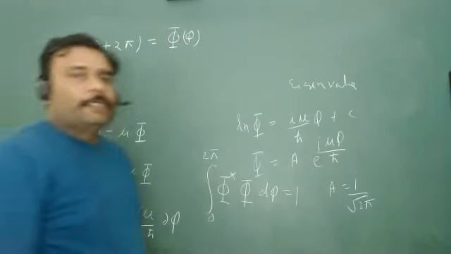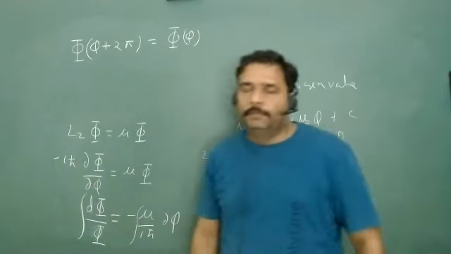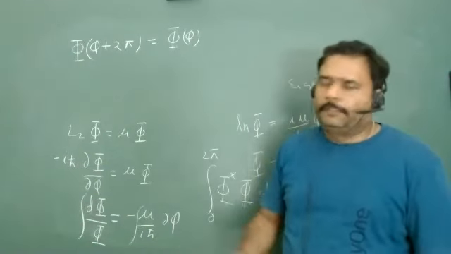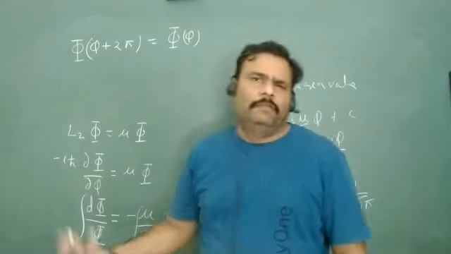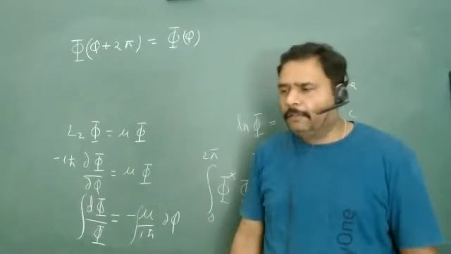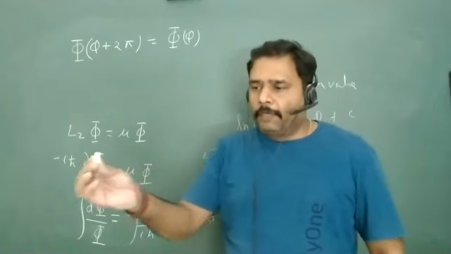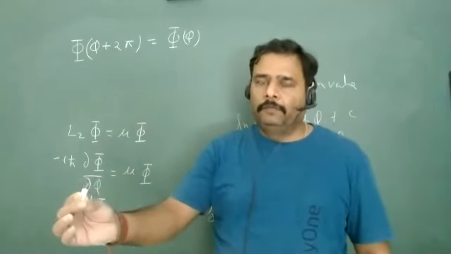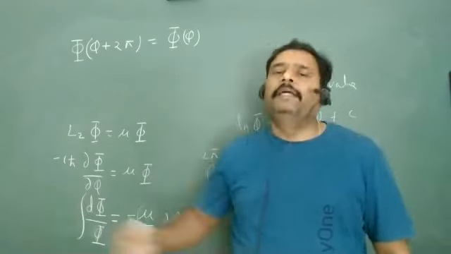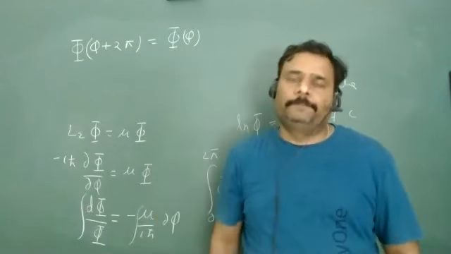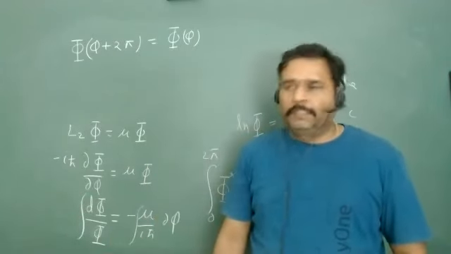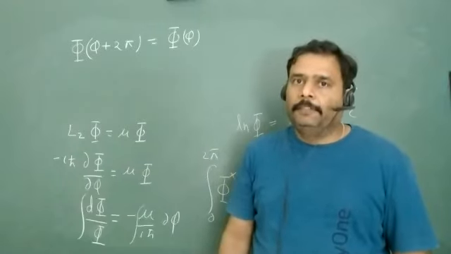Because the wave function must be single valued, and the solution of any differential equation must be single valued. This is a very trivial thing. What is the meaning of that? If you rotate by an angle of 2 pi, and again 2 pi, you will get the same function. This is the boundary condition actually.